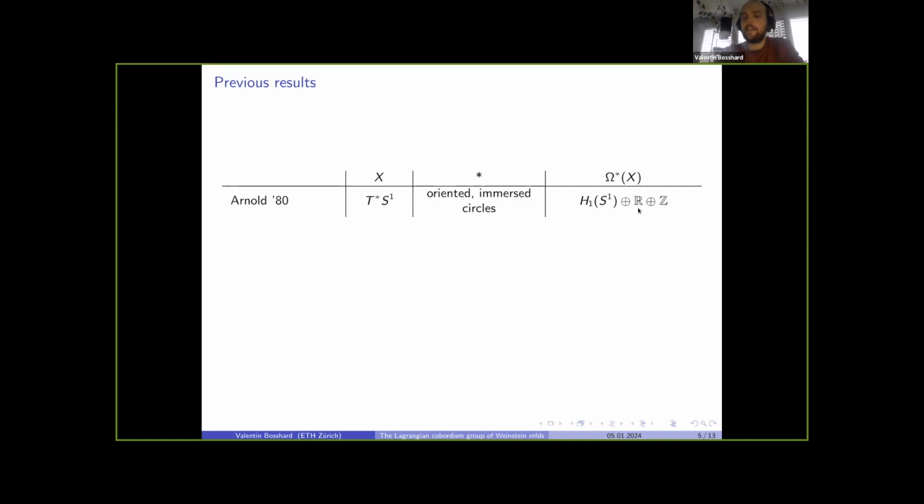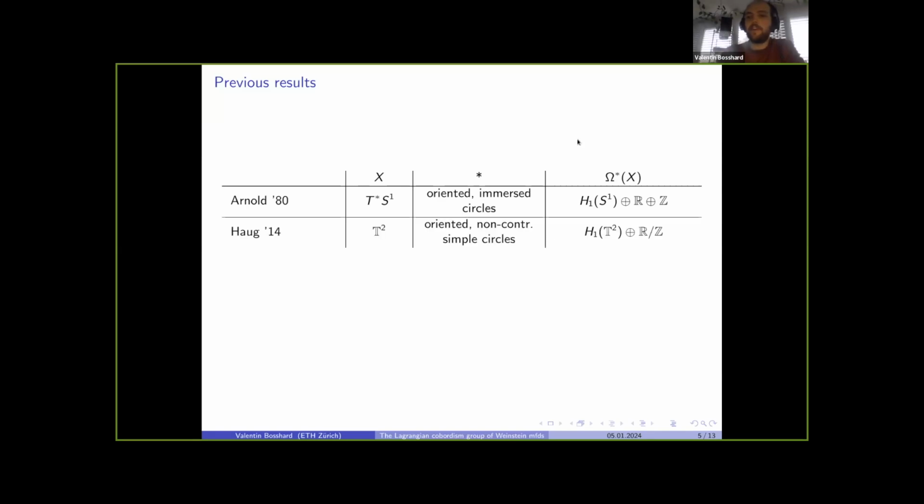Then there's an area factor, I mean, circles can enclose some area if they're in the plane. So this is this R. And then there's a Z, because the circle can have a rotation number. If you, for example, think of the figure 8 in the plane, this has rotation number 0, and a circle has rotation number 1 or -1, and so on.